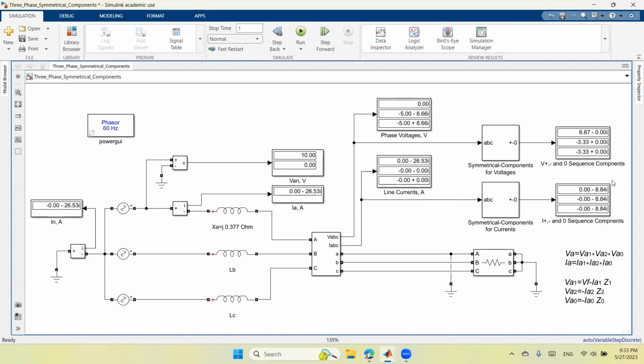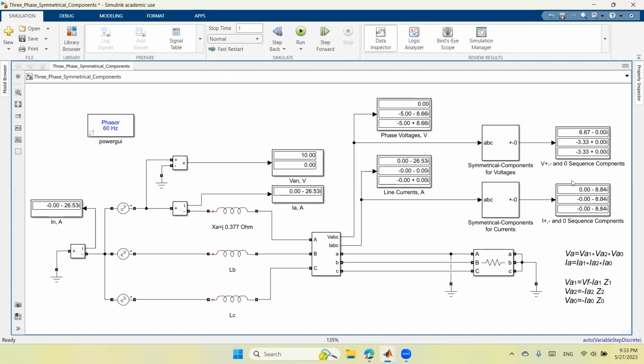So let's see the imaginary part. I see that in each symmetrical component, it's negative 8.84. So negative 8.84 times 3 will be negative 26.53.